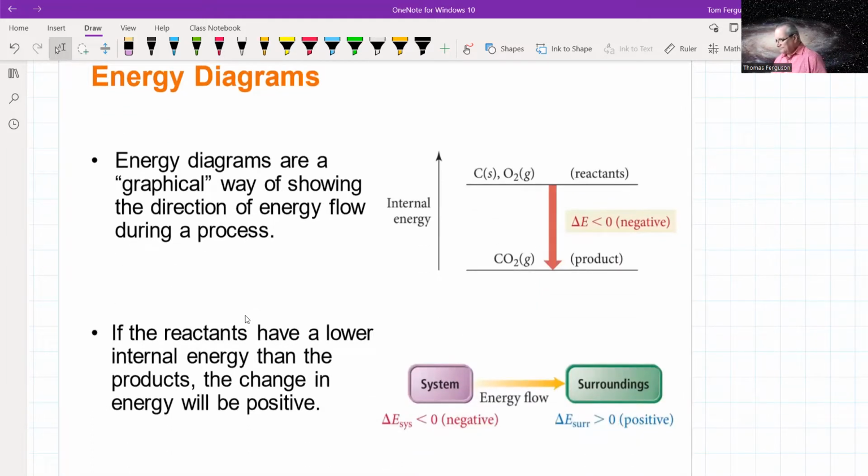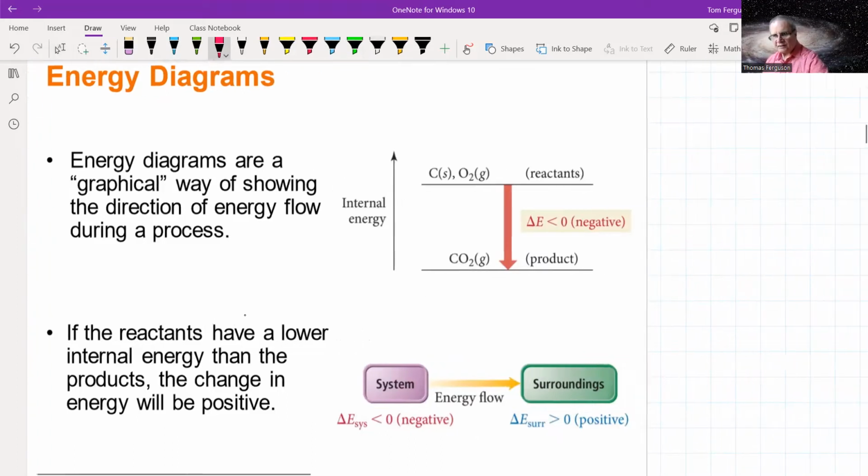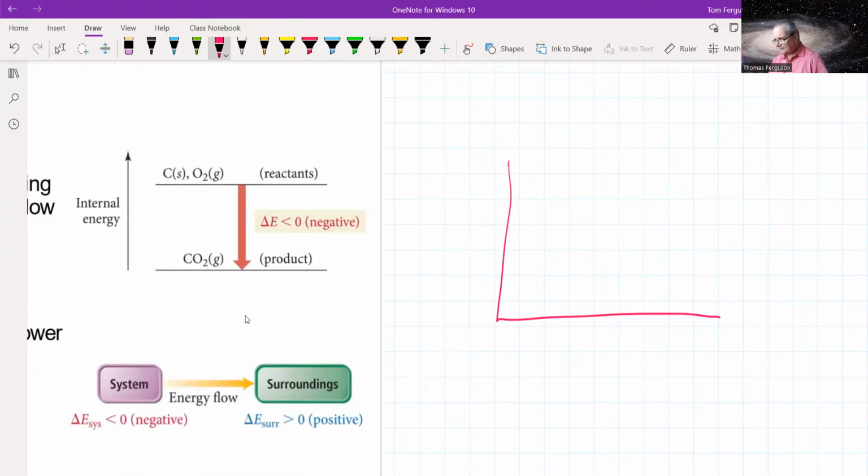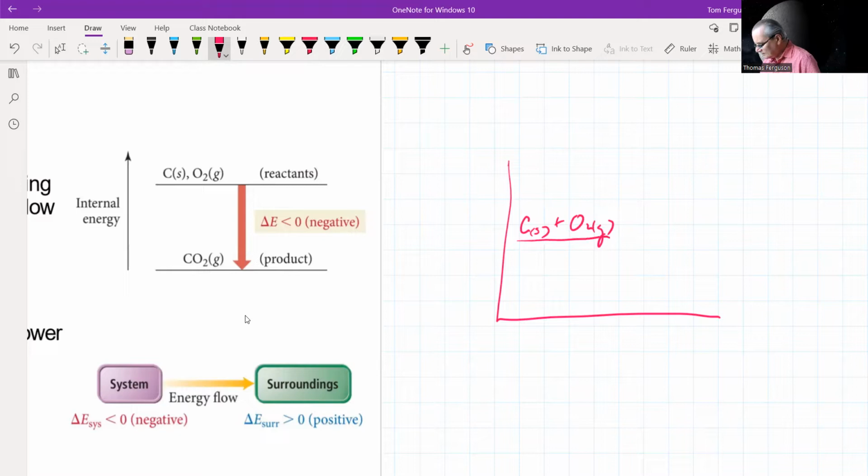Okay, energy diagram, as we're showing reactants and products. And normally, it looks something like this. We have reactants at a certain level of energy. And then we have a product here, and this is time.